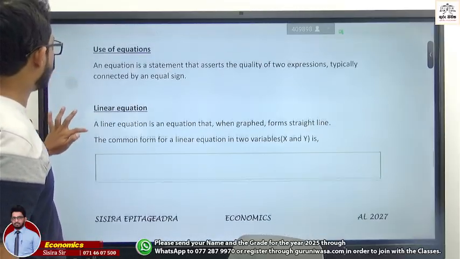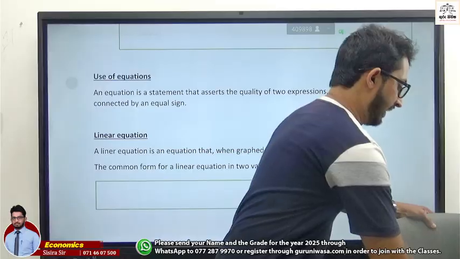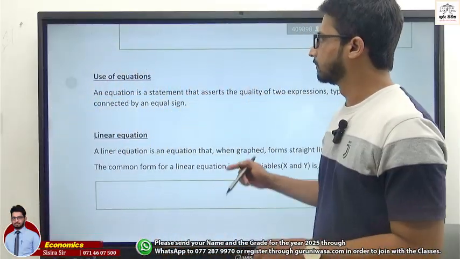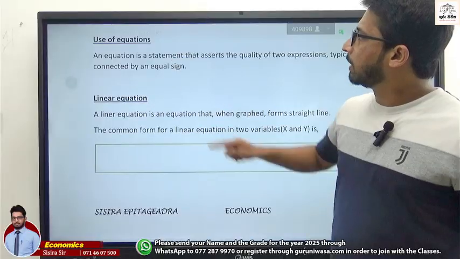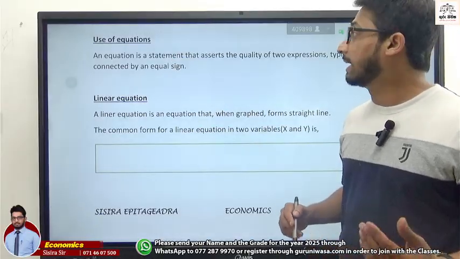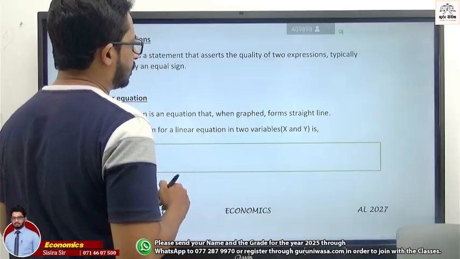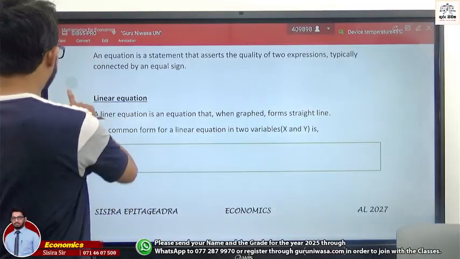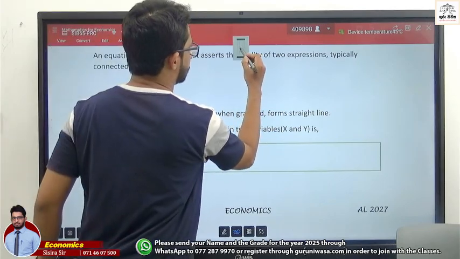Right, another one is the equation. Now you know what a graph is. Next one is the equation. Look at it, Lamai. An equation is a statement that asserts the equality of two expressions. It should be equality, not quality.